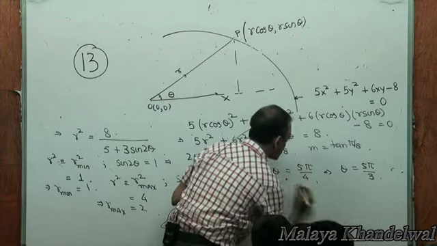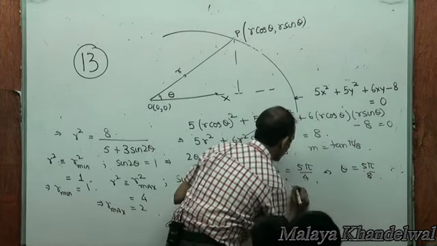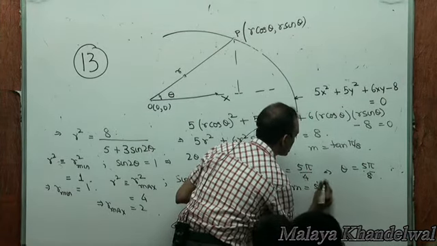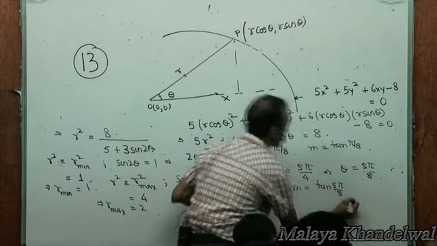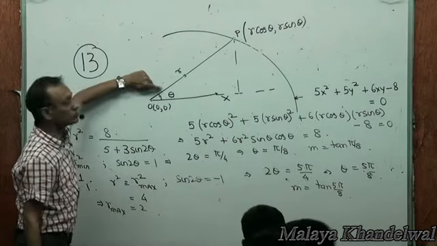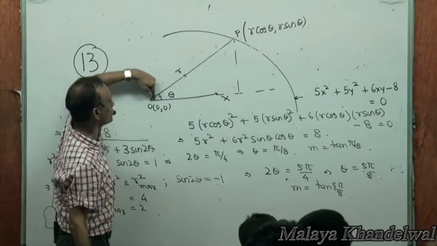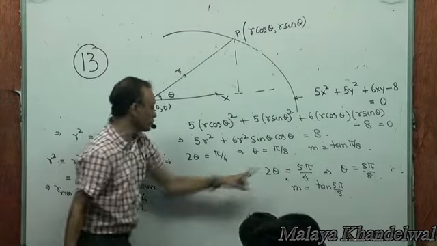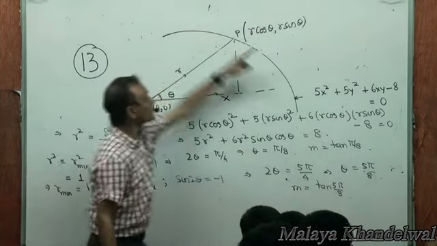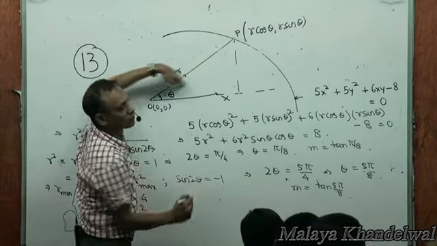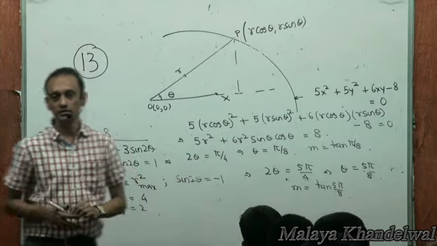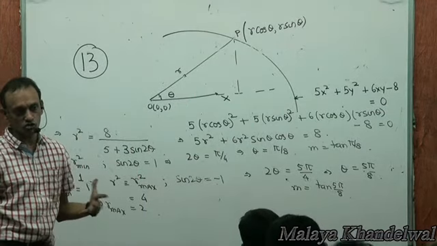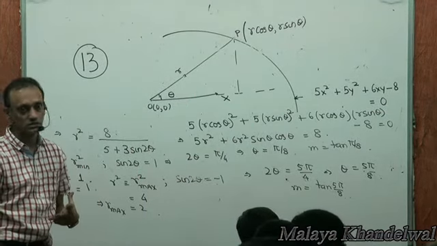The slope in this case is going to be tan 5 pi by 8. So I know the equation of the two lines. One is y equal to m x, where m would be tan pi by 8. The other possibility for r max would be y equal to m x, where m would be tan 5 pi by 8. These would be the equations of the two lines corresponding to minimum and maximum distances. Yes or no?